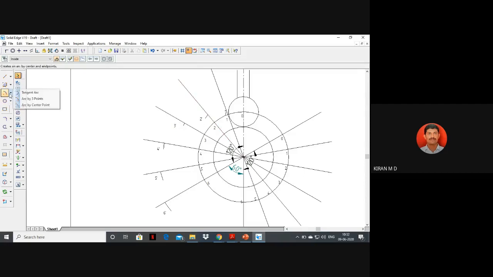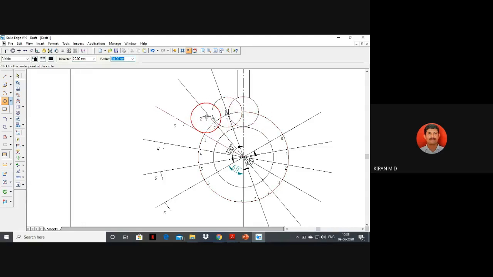For that, you have to draw the circle. Either you can draw the full circle or you can use an arc also. For this, use this as the center. What is the circle radius? The diameter is 20 mm.